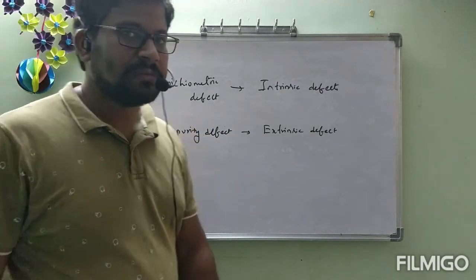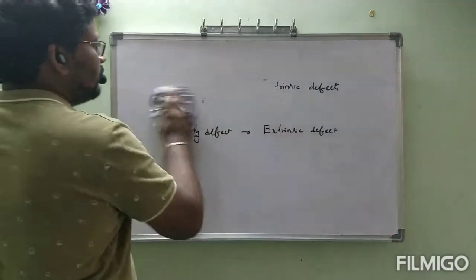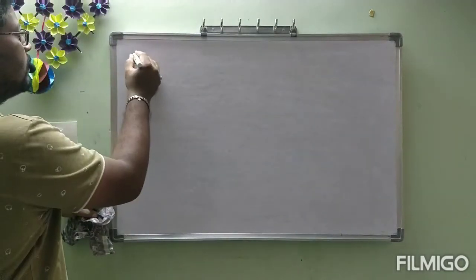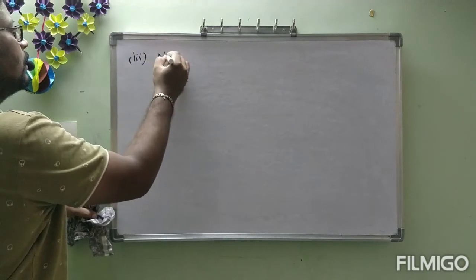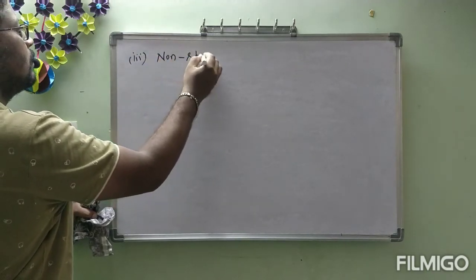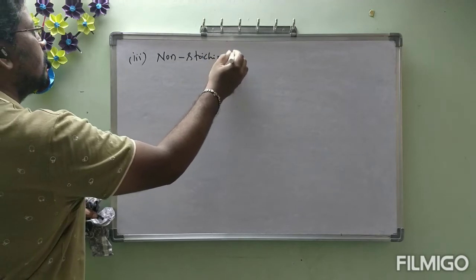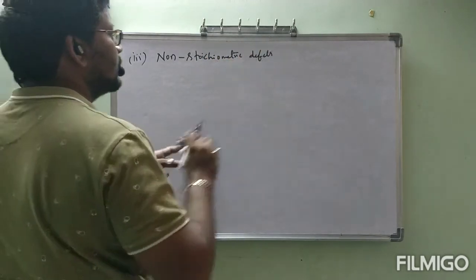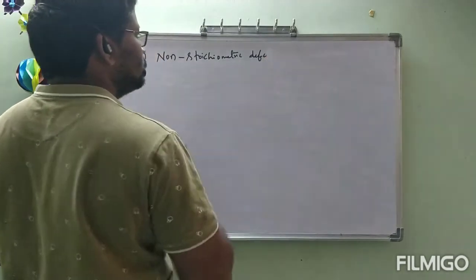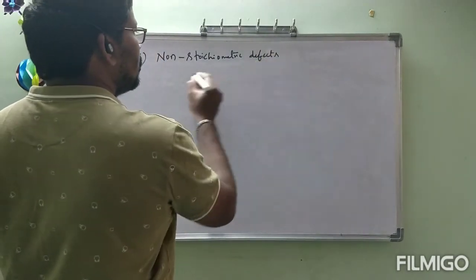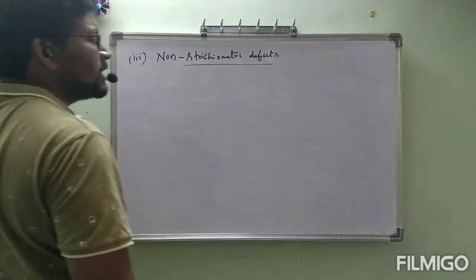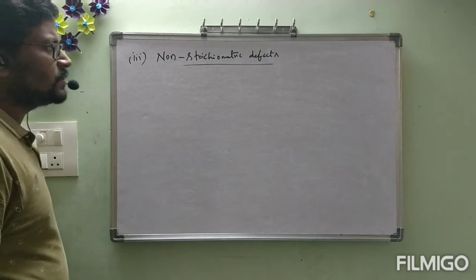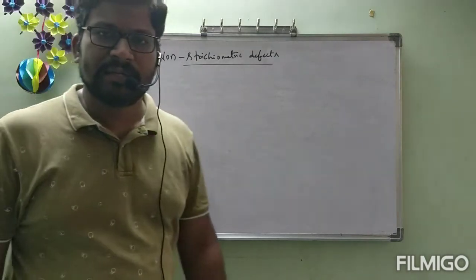Let us see the non-stoichiometric defect, all of you. Third type. Under this non-stoichiometric defect, we have different types. Before that, what is this non-stoichiometric defect?